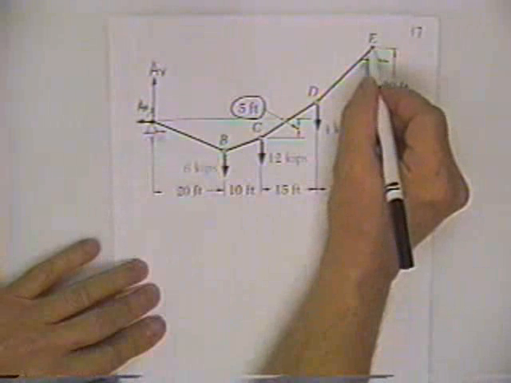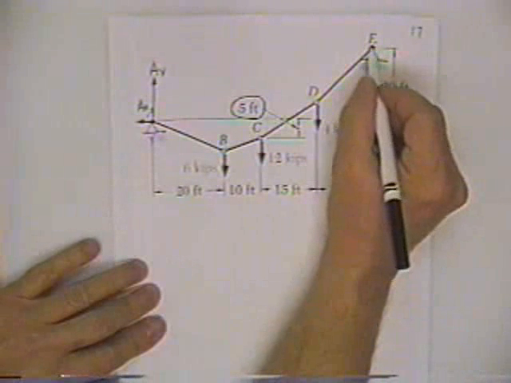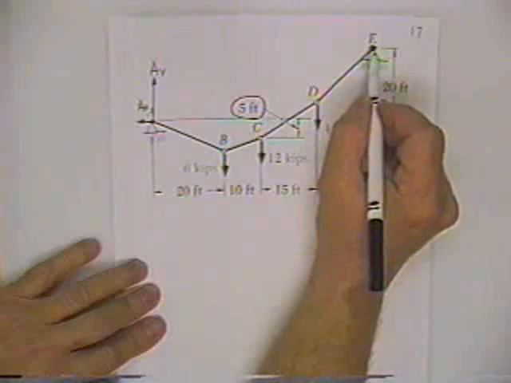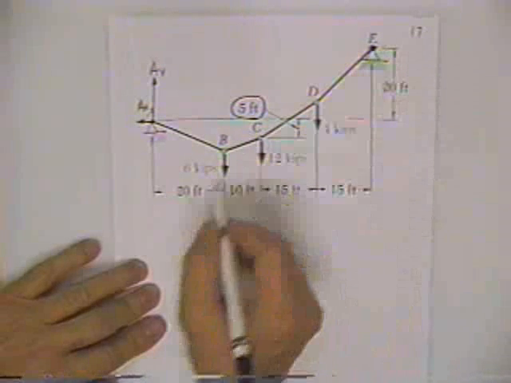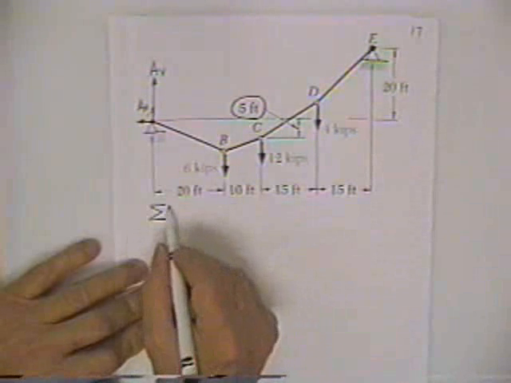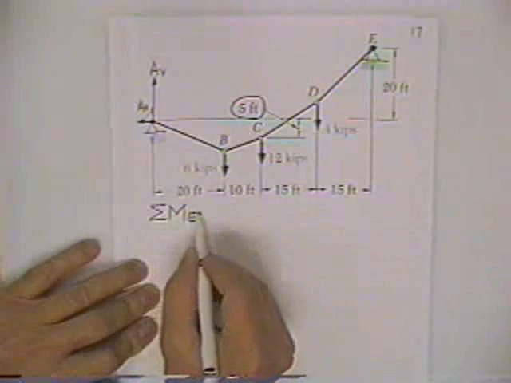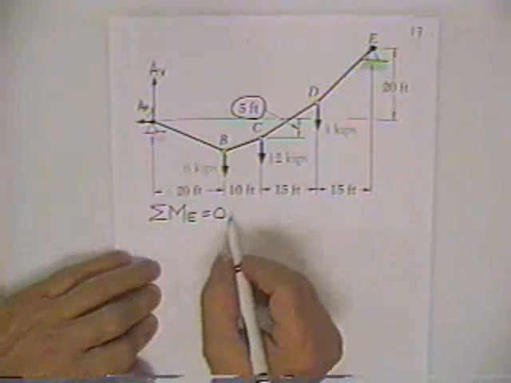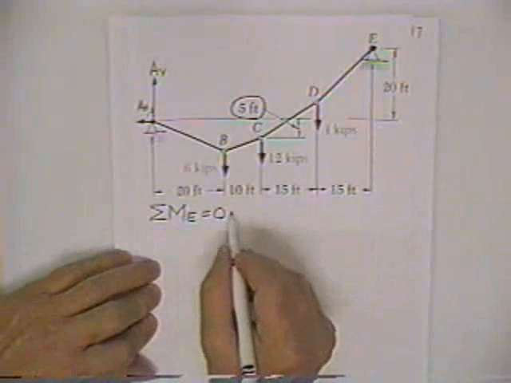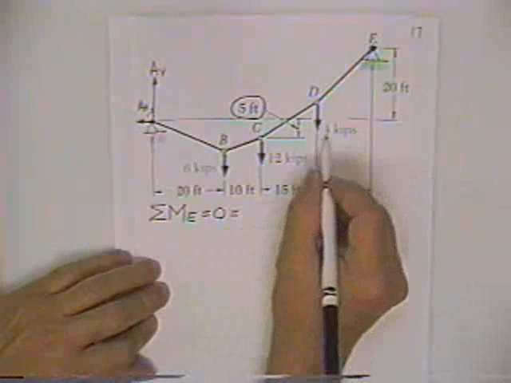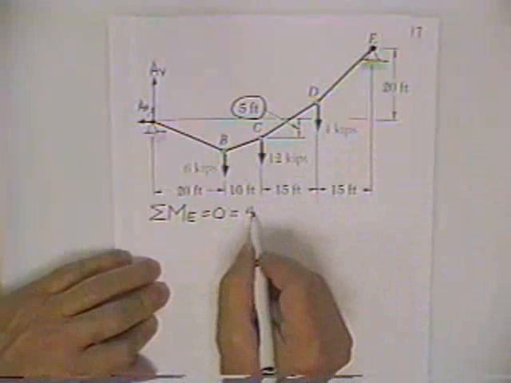You can, however, go over here to joint E and sum moments about that point. Here would be your equation. Sum moments about point E is equal to 0, if the whole cable is not collapsing, and it's not, it's just sitting there, is equal to, first you see a 4-kip load.